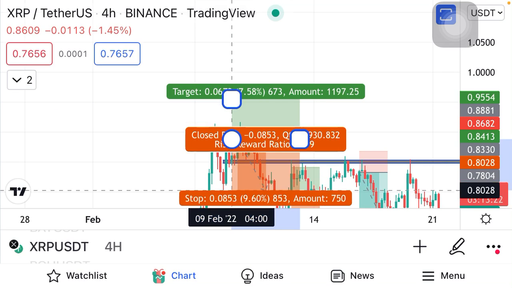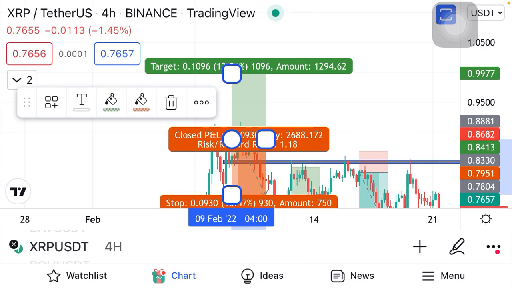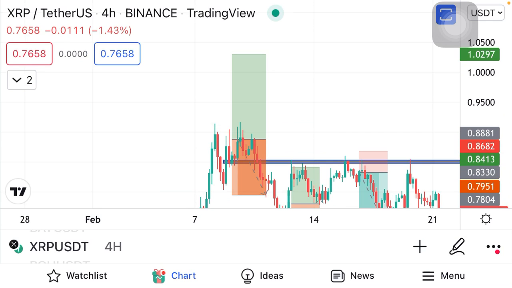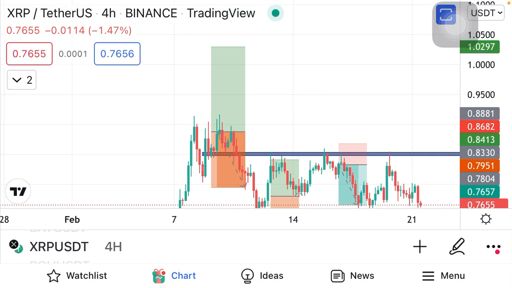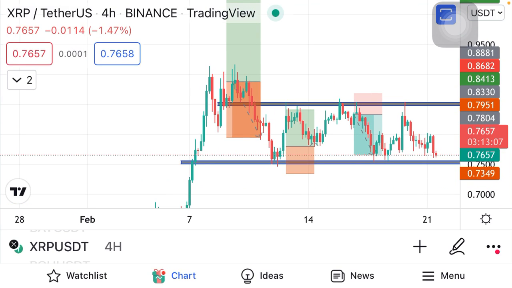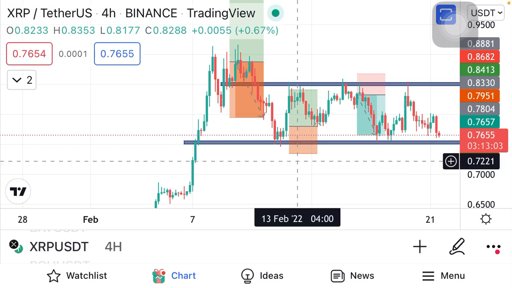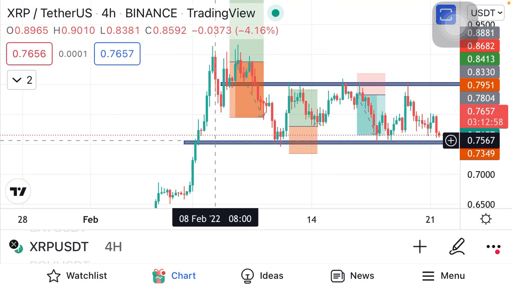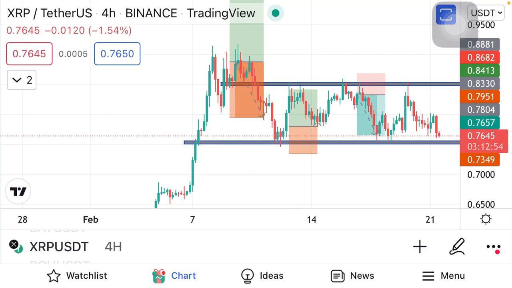So I adjusted my stop loss and my take profit to, let's say, 1.52. So you can see, yes, it was in an uptrend, but it touched my entry and then reversed and took me out of the trade over here, as you can see.